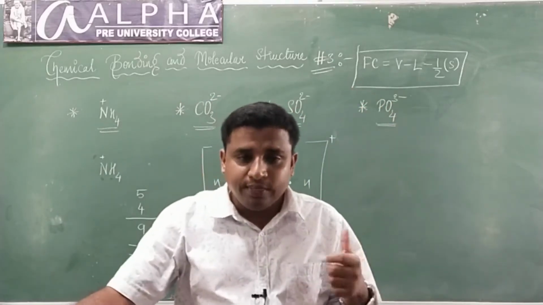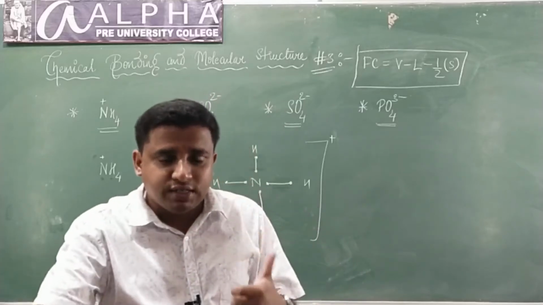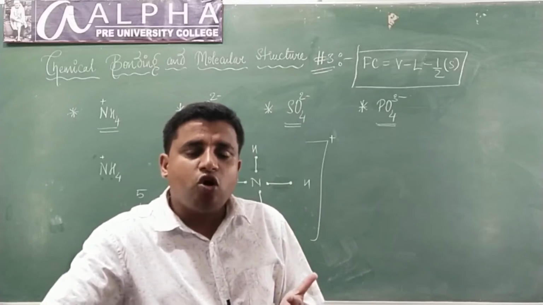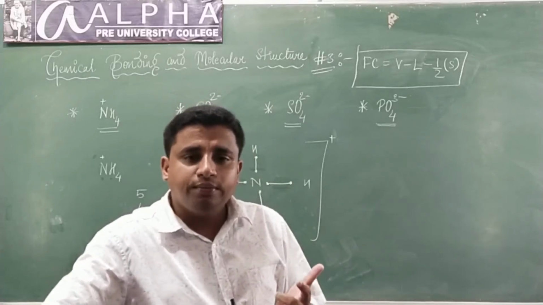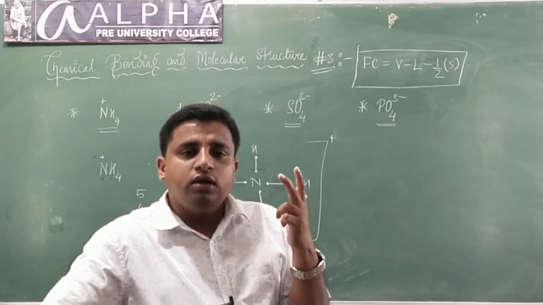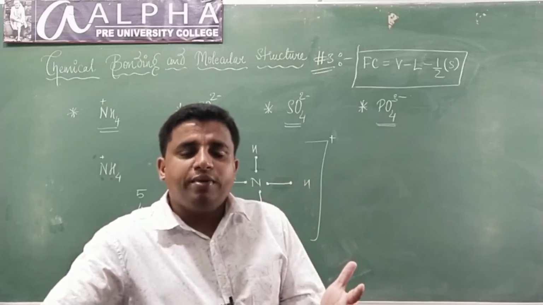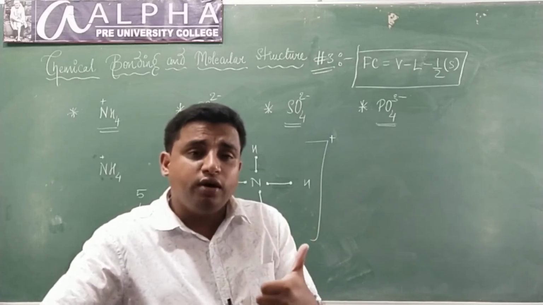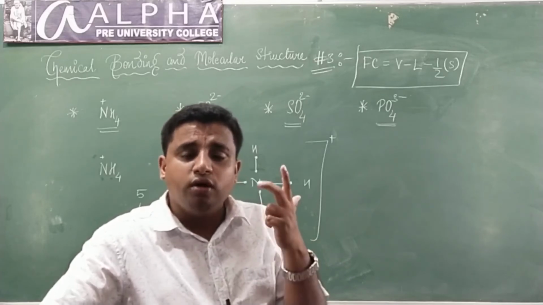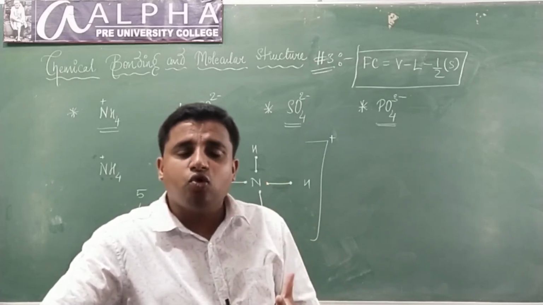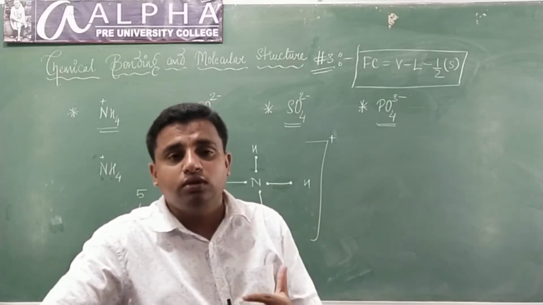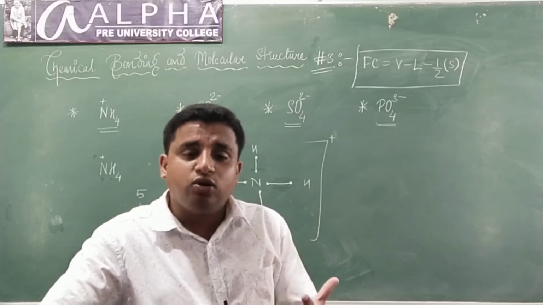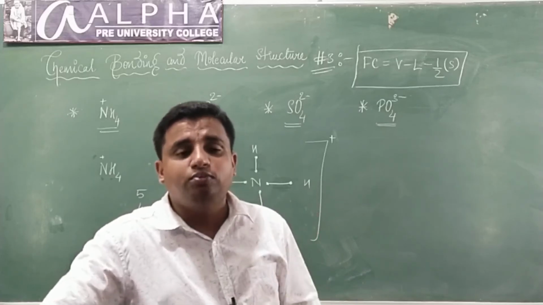So students, so far we have discussed the octet rule, limitations of octet rule, ionic bond, factors affecting the formation of ionic bond, characteristics of ionic bond, covalent bond, characteristics of covalent bond, factors affecting the formation of covalent bond, Fajans' rule, coordinate bond, hydrogen bond, factors affecting hydrogen bond, types of hydrogen bond.